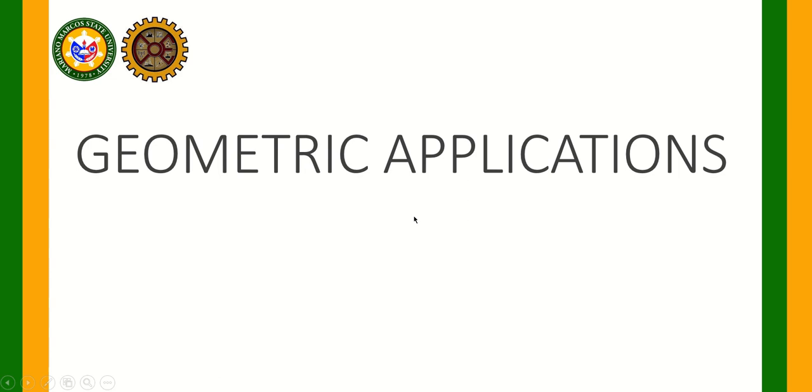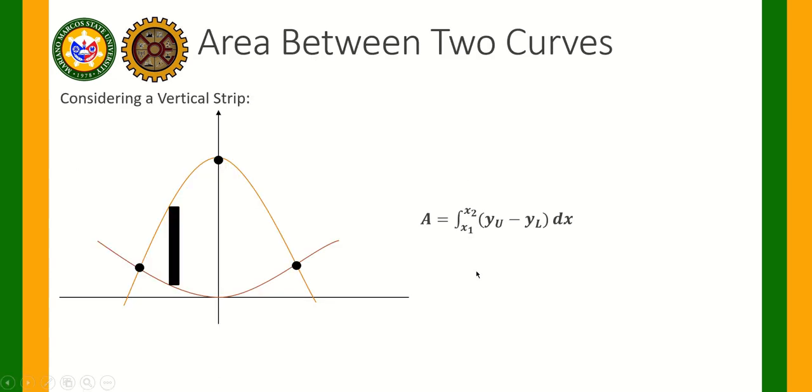Okay, so in this video, we are still in geometric applications, but this time we will discuss how to get the area between two curves. The technique na gagamitin natin is using rectangular coordinates using the strips.